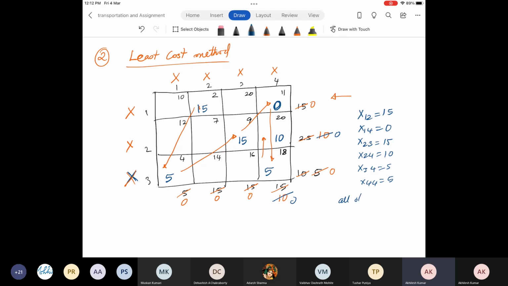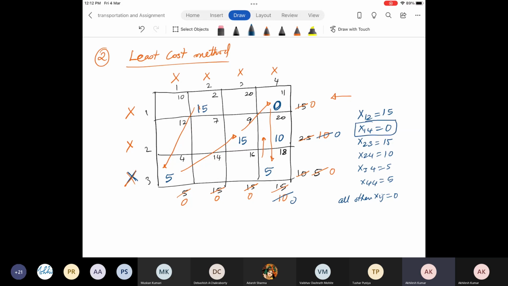All other xij equal 0. Tell me how many allocations we have done. Count it. 6. So this is the importance of which column or row to cross.